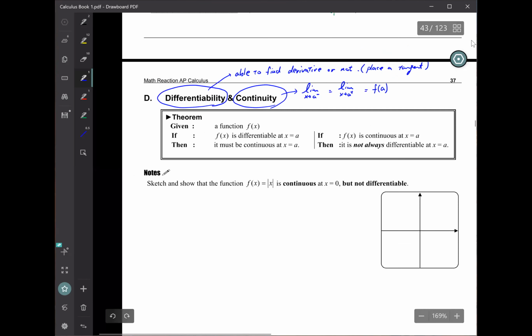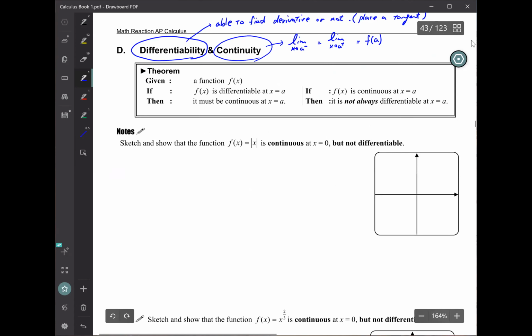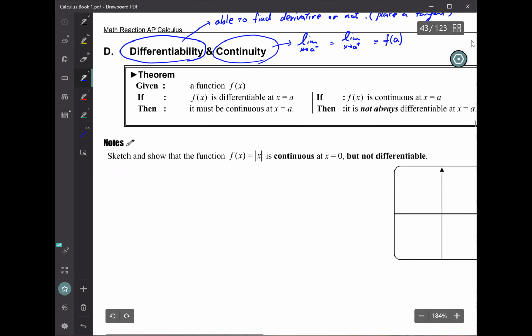So here we have a theorem, and then we're gonna use an example to show you why the theorem is correct. Here we have a function: if it's differentiable, then it is guaranteed to be continuous. Which means if you are able to place a tangent there, then for sure it must be continuous there. There's no gap.